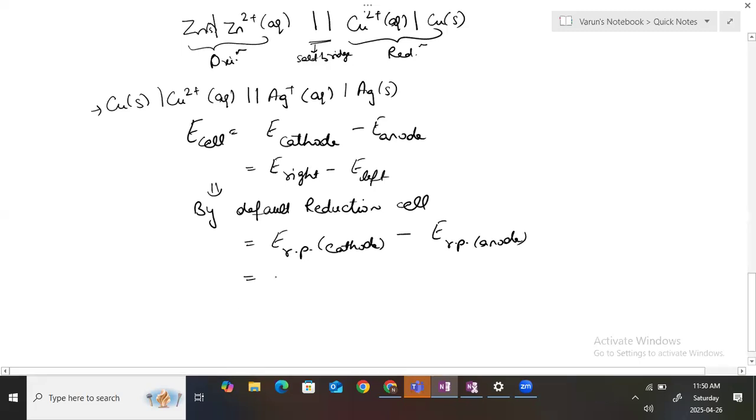To convert it, I will reverse this, and here minus will get converted into positive. So if I have to calculate from reduction potential, I will use E cathode minus E anode, and if I have to calculate from oxidation potential, then I will use E anode minus E cathode. But in 99.9% cases, we always use this one.